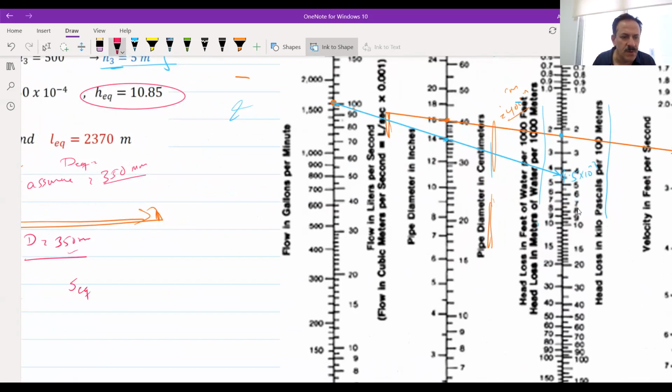S of the equivalent pipe is equal to 4.5 times 10 to the power minus 3, which is equal to the head loss divided by the length. The head loss of the whole pipes was 10.85. Now this is the equivalent length of the pipe.